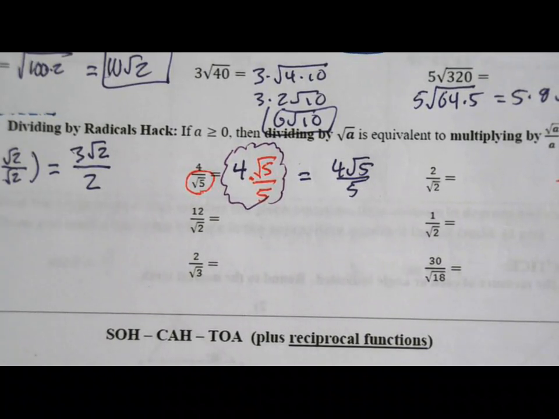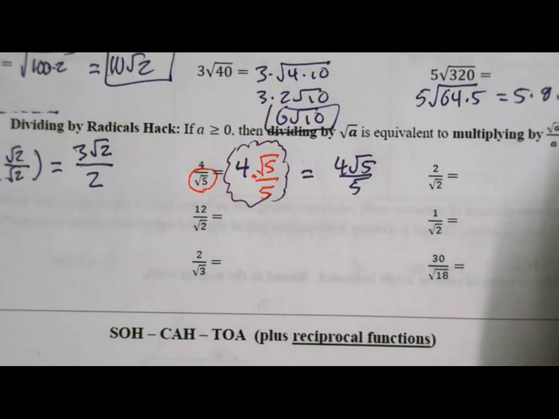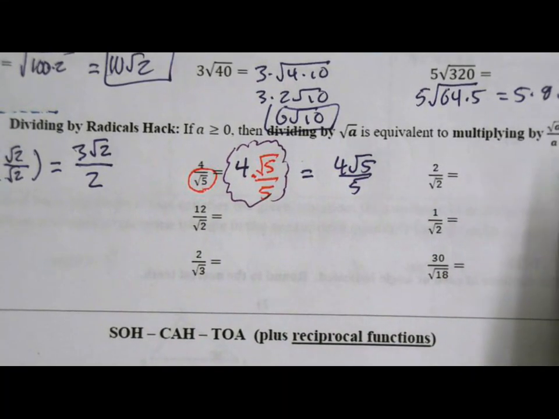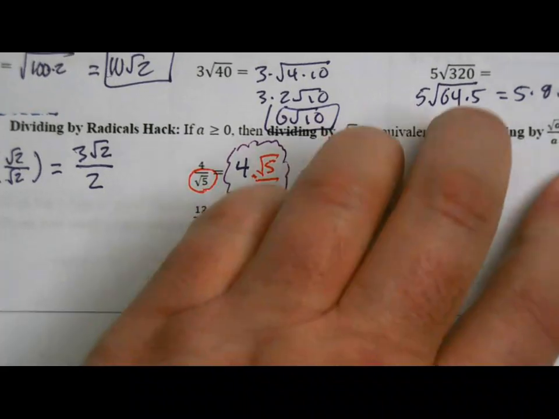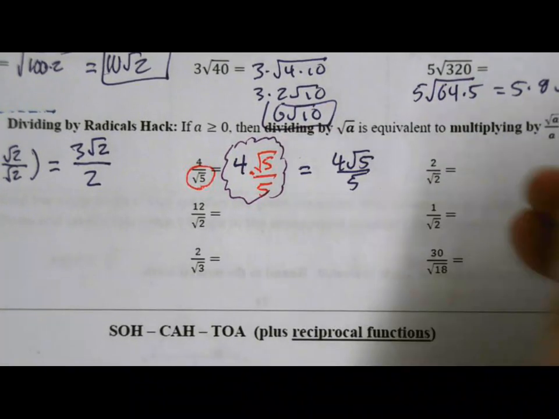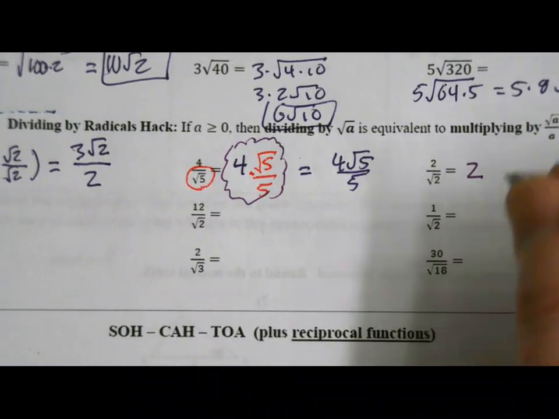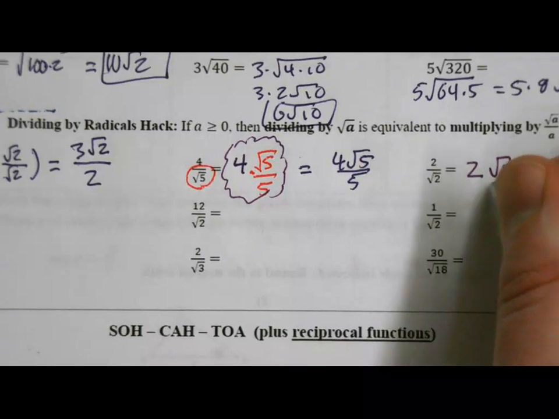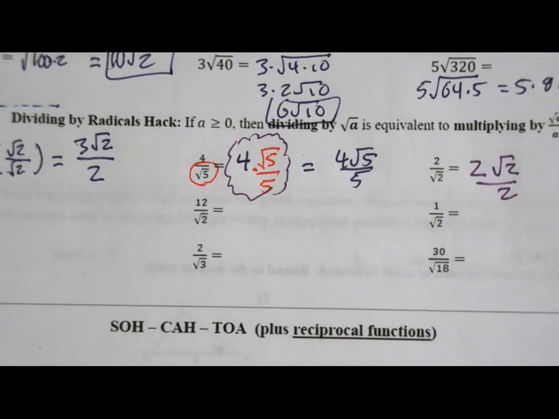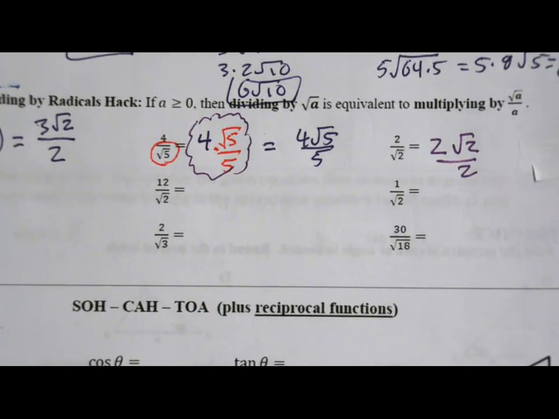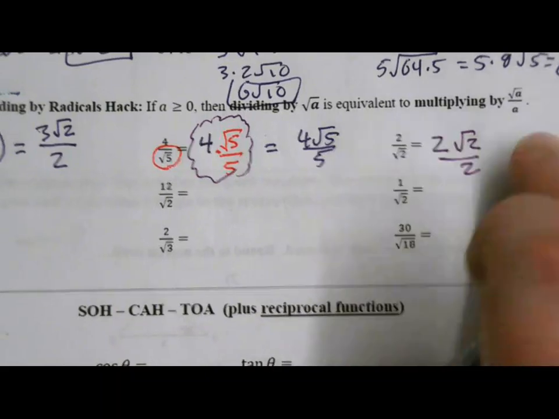So same thing right here. I look at this and I see 2 divided by root 2. I think, yeah, fine. But that's really just 2 times root 2 over 2. And of course we would cancel those 2's and we would end up with just root 2, right?